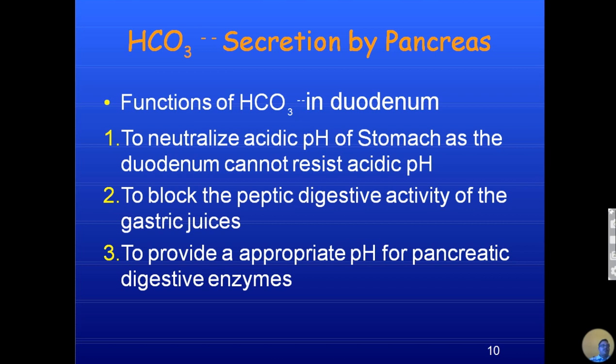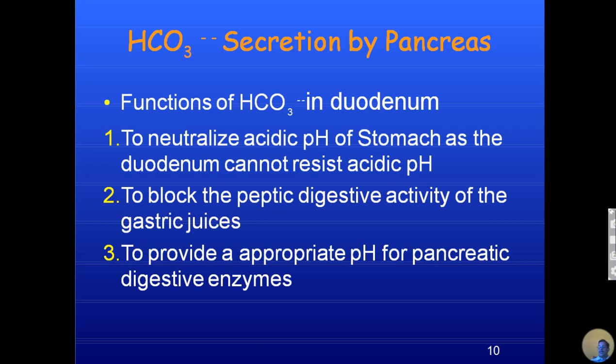To block the peptic digestive activity of the gastric juices totally, these bicarbonates function. They provide the appropriate pH, which is absolutely essential for proper digestion of the acidic chyme containing the different required foodstuffs. So we have the specific role and functions of this bicarbonate, why it has been released and from where it is being liberated.